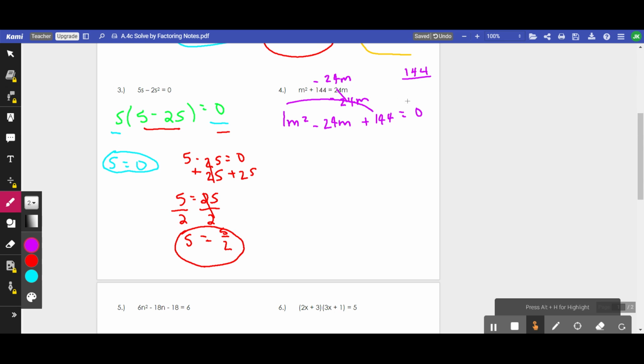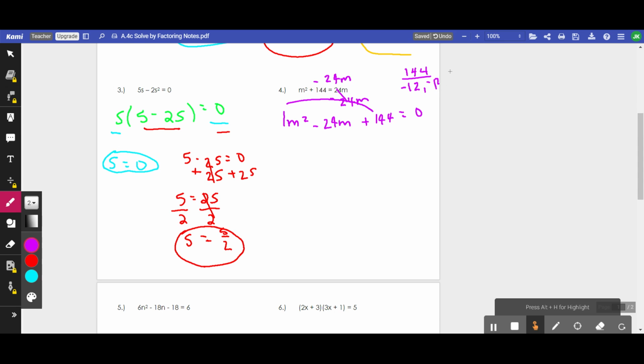So you need two factors of 144 that are negative that would add to be -24. So here it'd have to be -12 and -12 because that would multiply to be 144 and then add to be -24. So each of your factors would be -12 there.